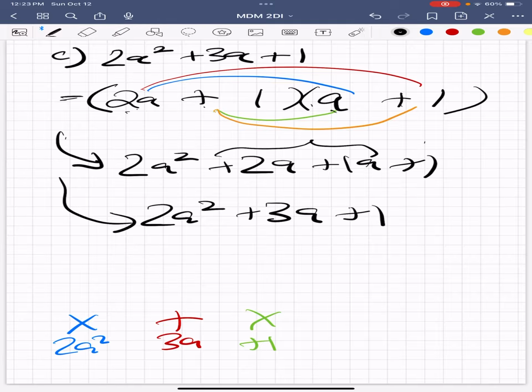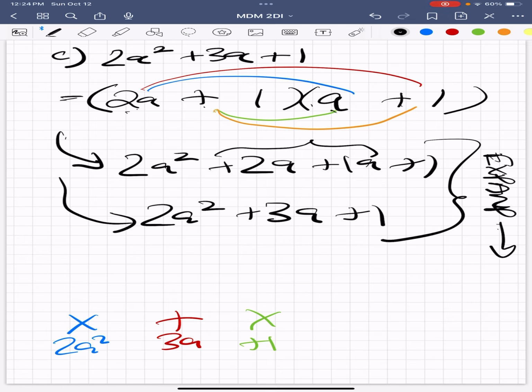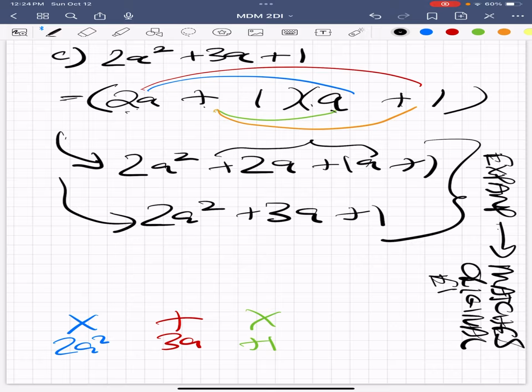And then we see that when we expand, it matches the original question, expression or question. There you go.